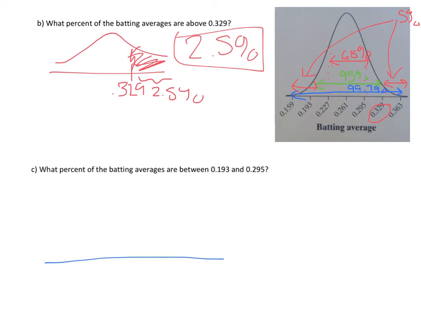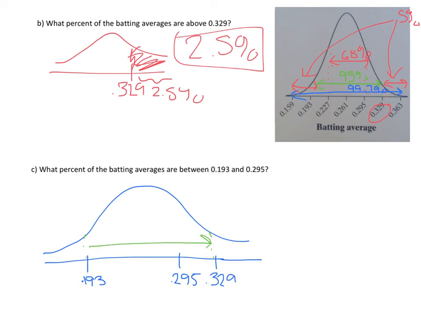So the next one's another kind of fun one. So we want to know what percent are between 0.193 and 0.295. So to figure this problem out, you're going to have to use a little bit of fun math. So we know that between 0.193 and 0.329, this area is 95%.